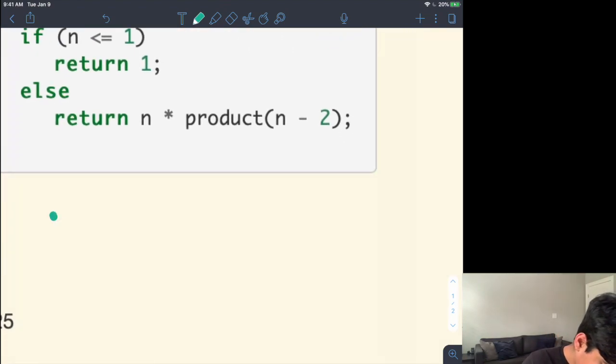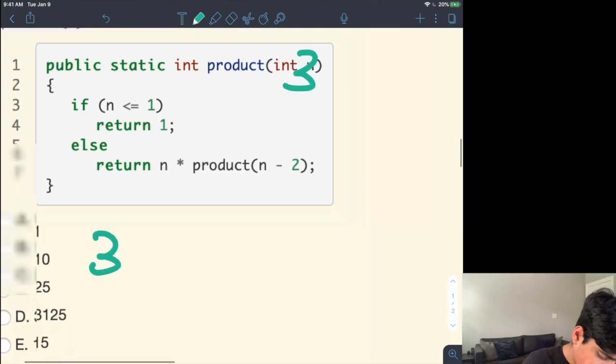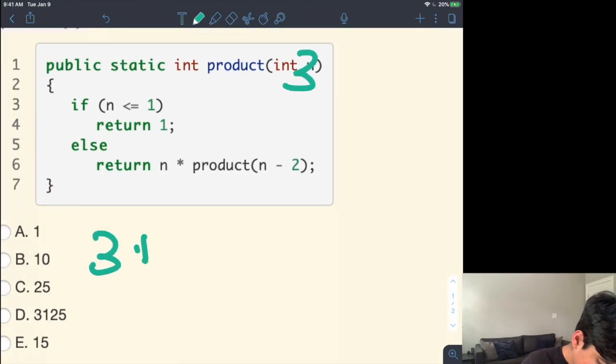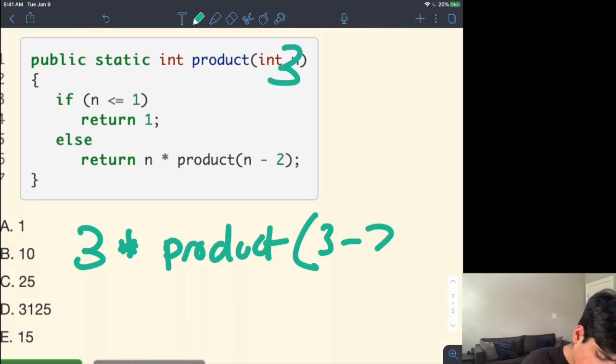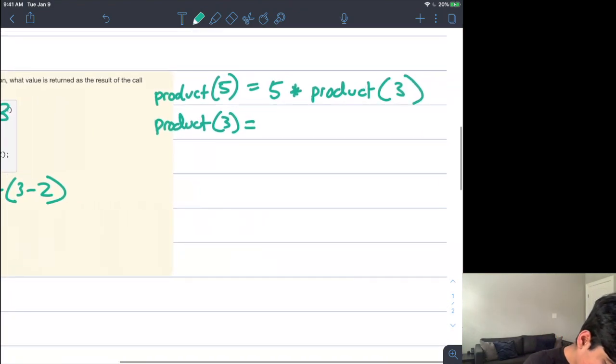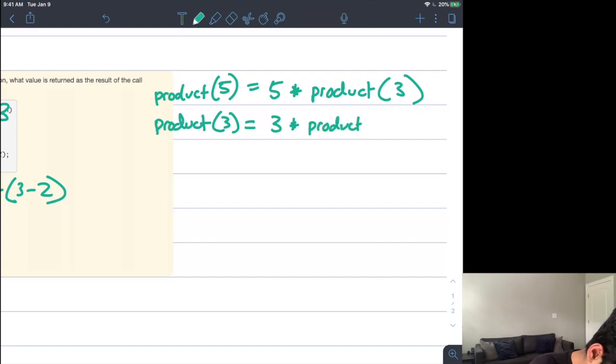And remember, n is 3, because that's my parameter. So 3 times the product of n minus 2, which is 3 minus 2. So 3 minus 2 is 1. So I will write over here, this will be 3 times product of 1 over here.